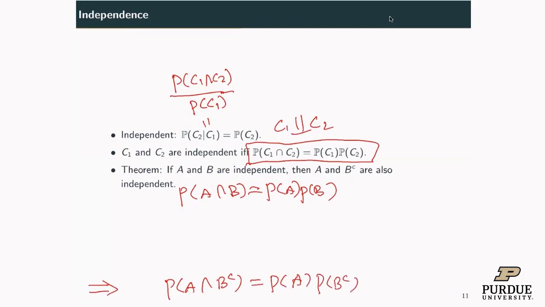So what do we know? The probability of A is equal to the probability of A intersection B plus the probability of A intersection B complement.